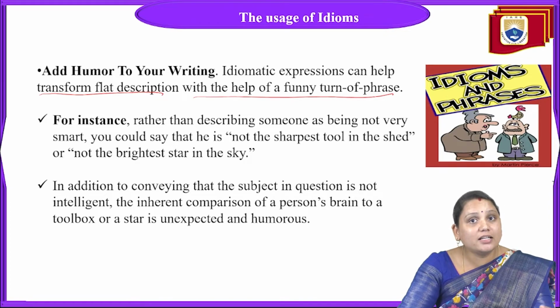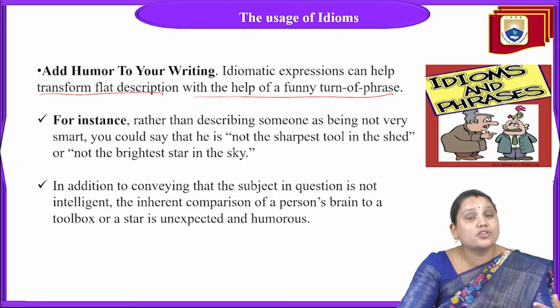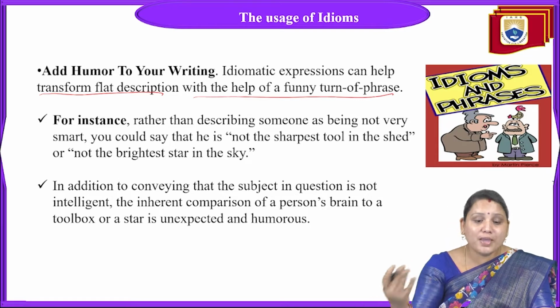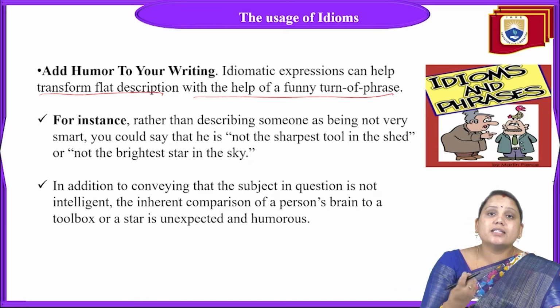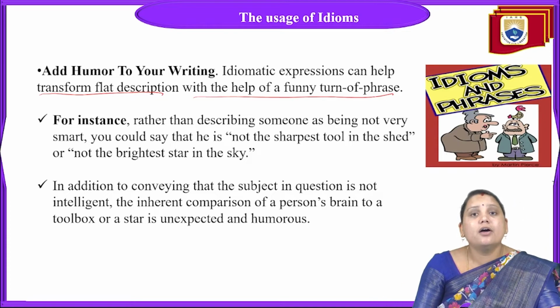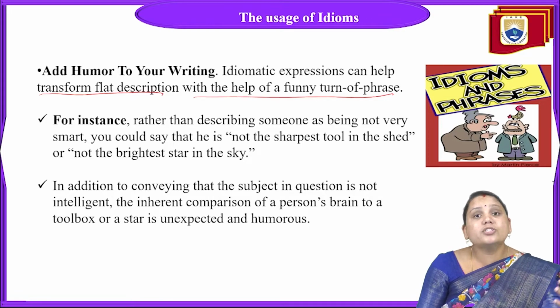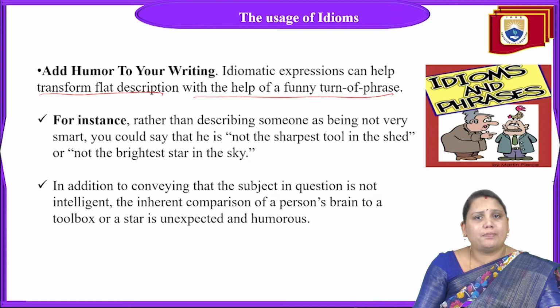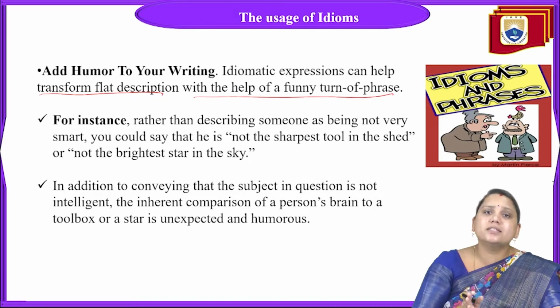Here, understand the difference between the common general sentence and the idiomatic expression. To describe someone as not being smart, you can say that he is not the brightest star in this room, or he is not the sharpest tool in this shed. That means there are many other people. You are not saying that only he is the smartest one.